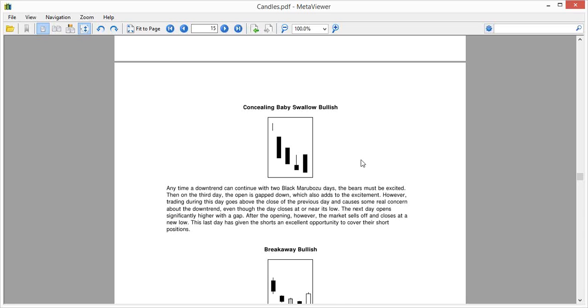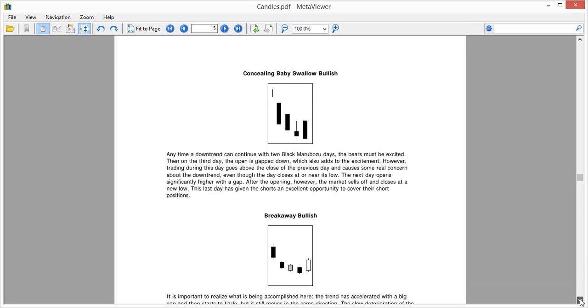This last day has given the shorts an excellent opportunity to cover their short positions. What are they likely to do? Close off their trade. And when they close off their trade, they're buying back. So they're buying off a significant low because they want to take profit, and the market should buy back in the next session.